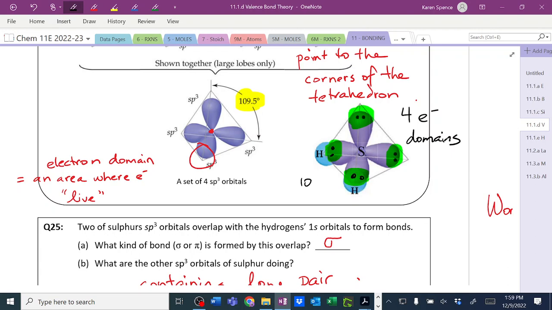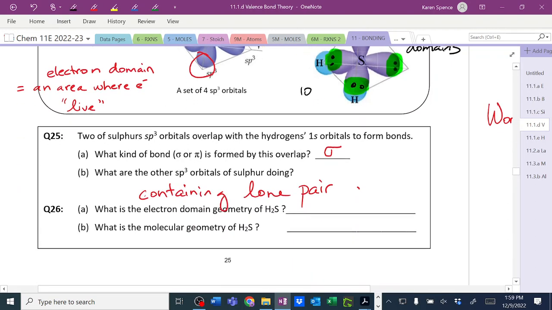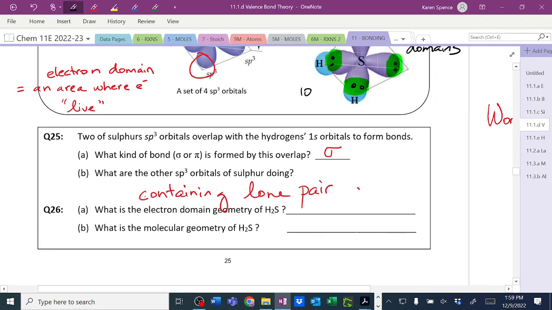Okay. So what is the electron domain geometry of H2S? It is tetrahedral because we have 4 electron domains.